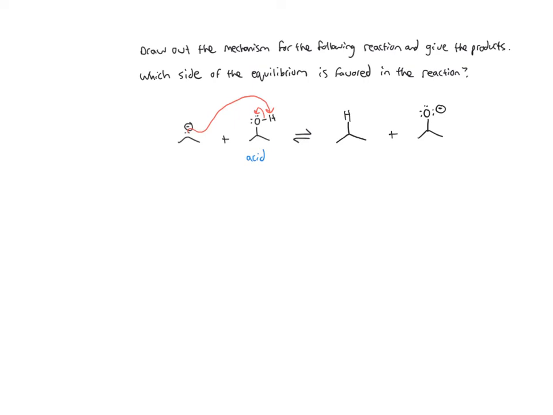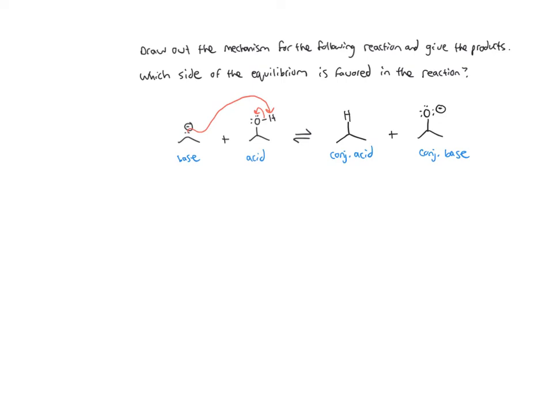So that's actually the acid. Our base is that high electron density species. On the other side, that base gets an H, so its conjugate acid is shown there, and the conjugate base is the oxygen with the negative charge because that's what was left behind after we took the H away.